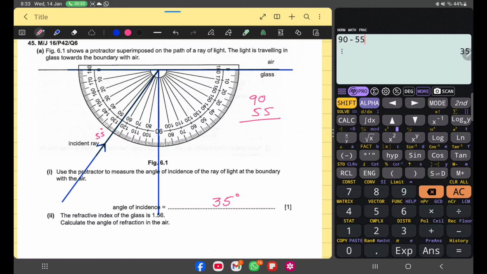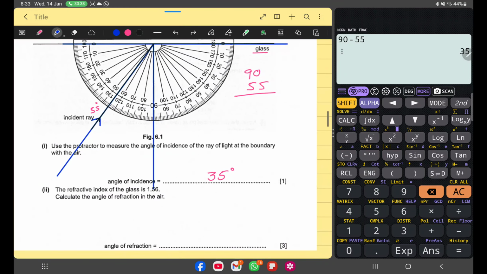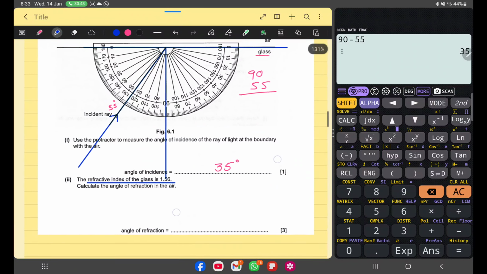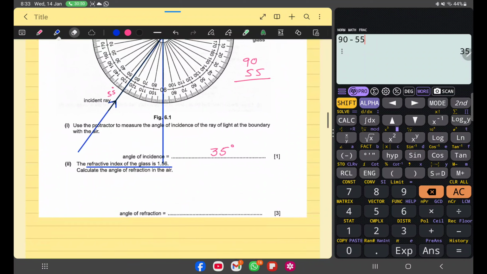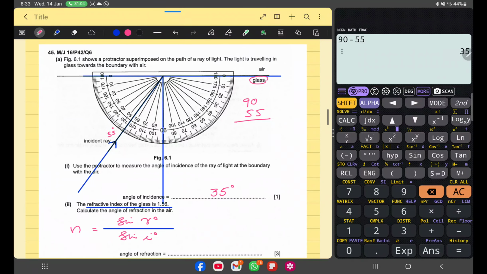And this light right now is in glass, and we are given the refractive index. But Navia, the light is traveling from glass into air. What is the formula to calculate refractive index? It will be sine R over sine I, if the light is traveling from glass into air.